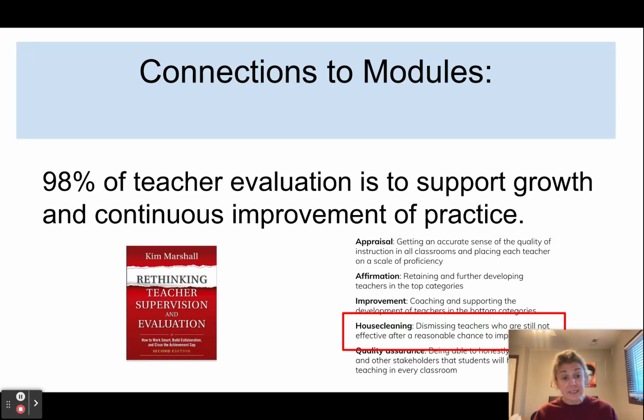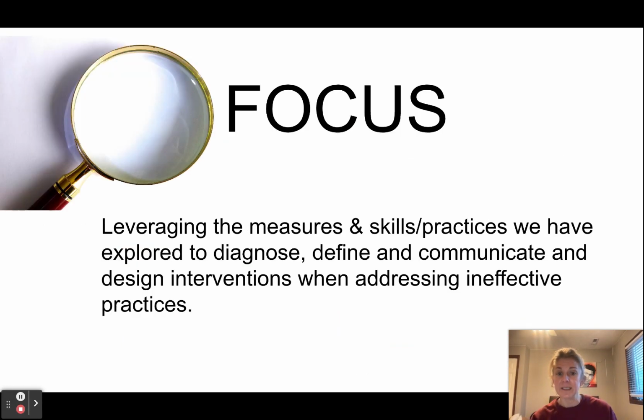But our purpose this week is to understand those basic components and start thinking about what skills we're going to utilize, and what approaches we're going to take to address ineffective practices. So, again, our focus this week, and I want to make connections, you're still going to use a lot of the skills that we've talked about and that you're building through this course.